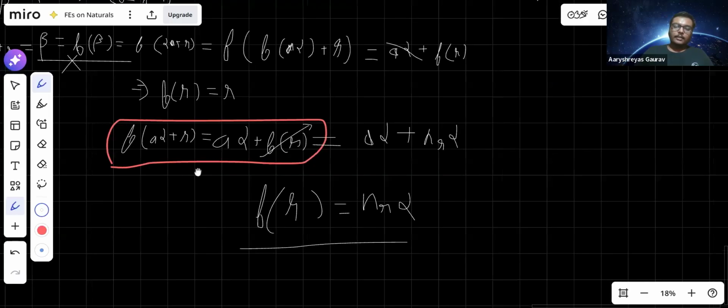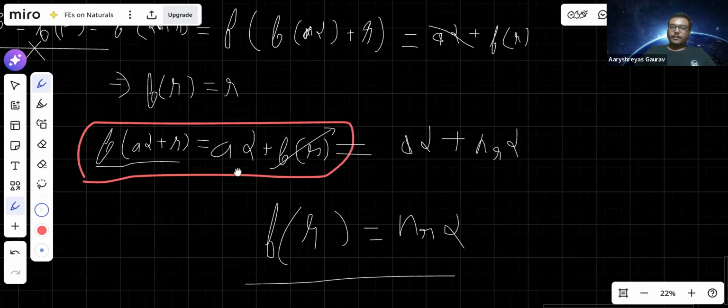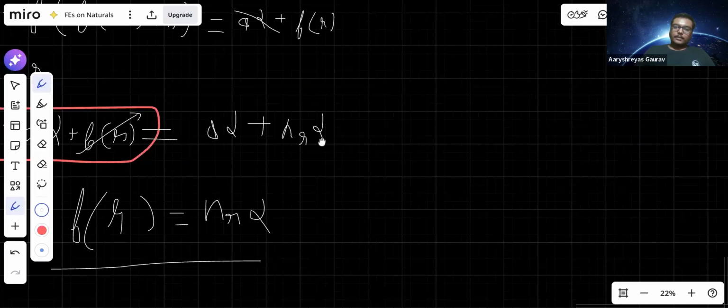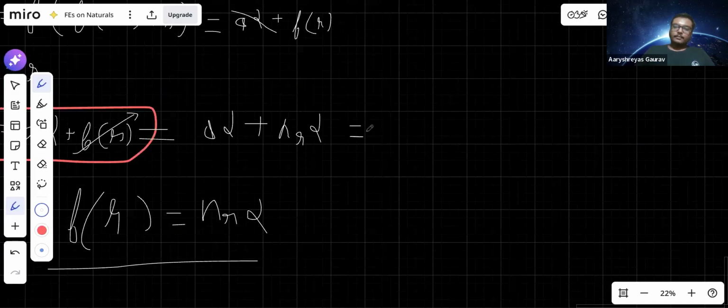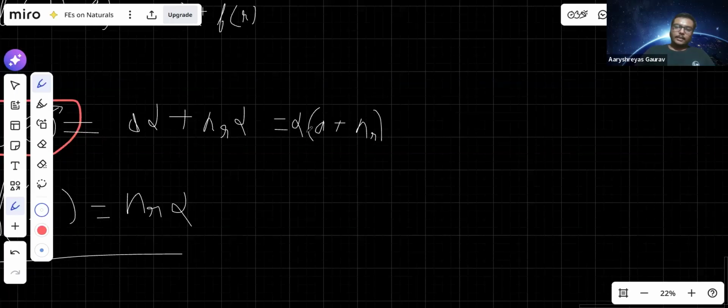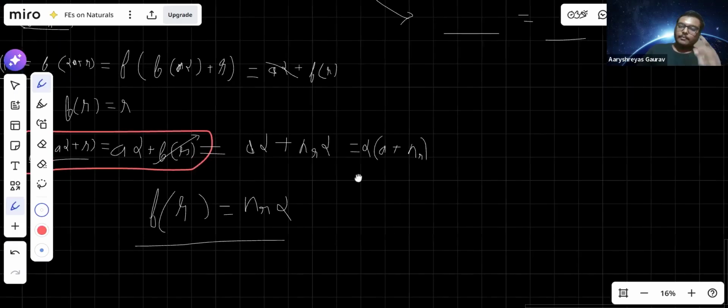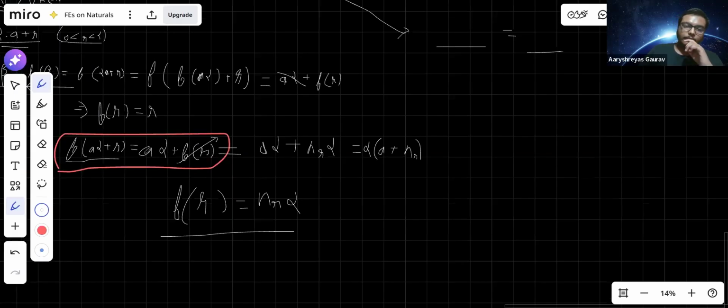And look at this, f of a alpha plus r is also divisible by alpha. You can say this is a plus n_r. And what is a? A is just the floor of this number divided by alpha.